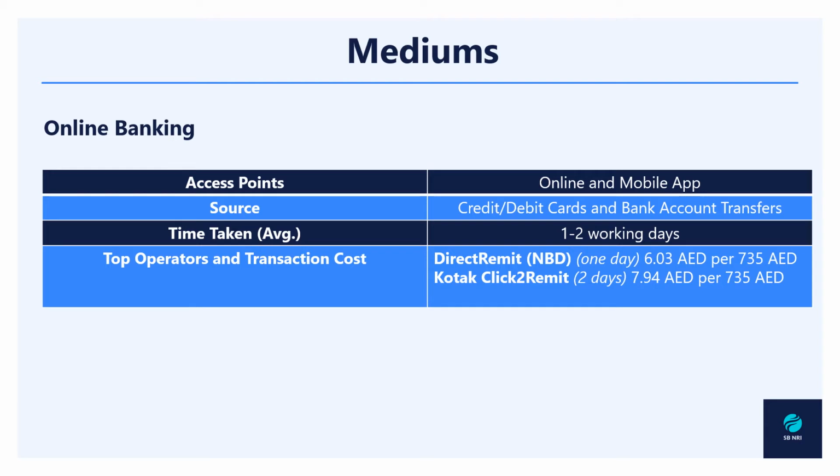Under the direct remit service from NBD, you can transfer the funds in 1 day, and that will cost you around 6.03 AED per 735 AED. Whereas if you go for Kotak click to remit, it will cost you around 7.94 AED per 735 AED, and the time taken for transfer is around 2 days.